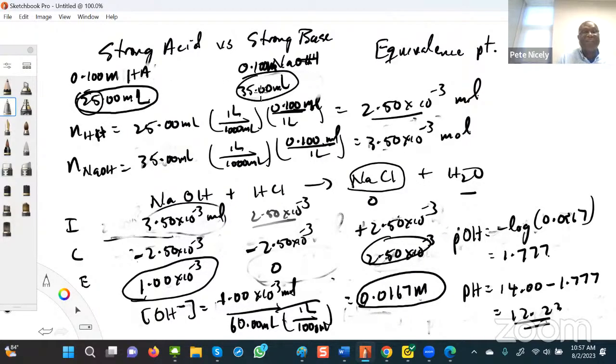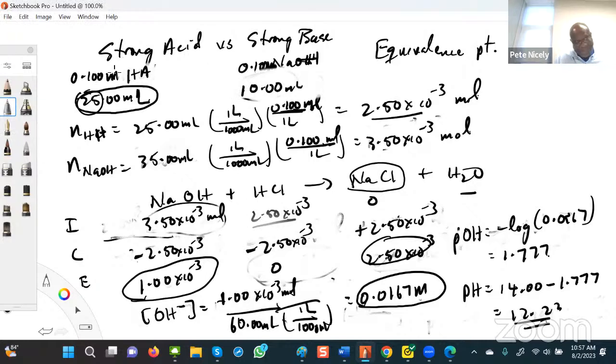Now, what I'm going to do is erase. Let me see here. Let me use, I think we used 10 mils before, right? For the strong base, right? So I'm going to use 10 mils again, but this time, 10 mils for the strong base again. So 10.00 mils, all right?